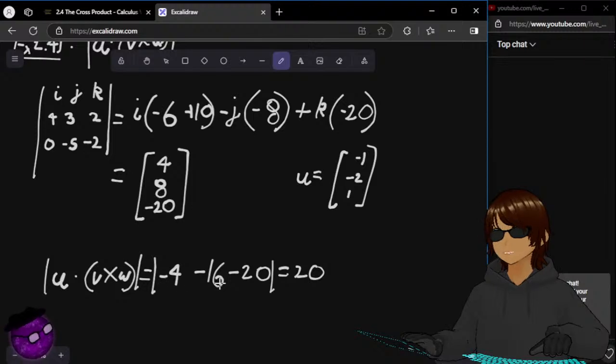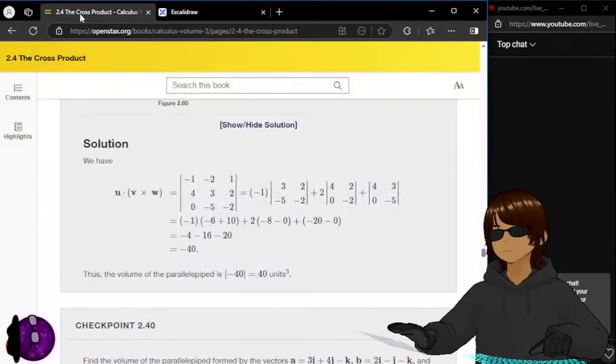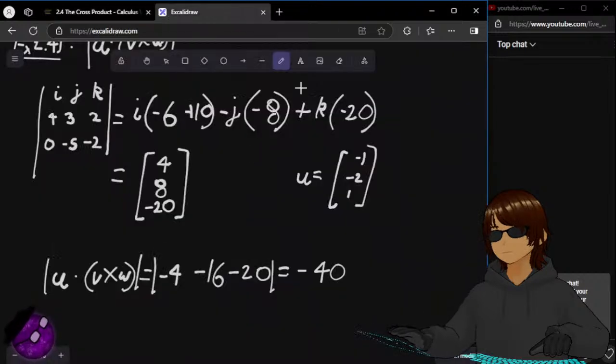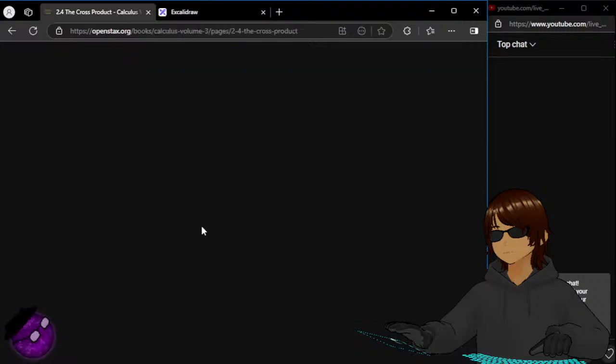Minus 4, minus 16, minus, okay, that gives minus 40. Wait a minute, plus 40 units squared.